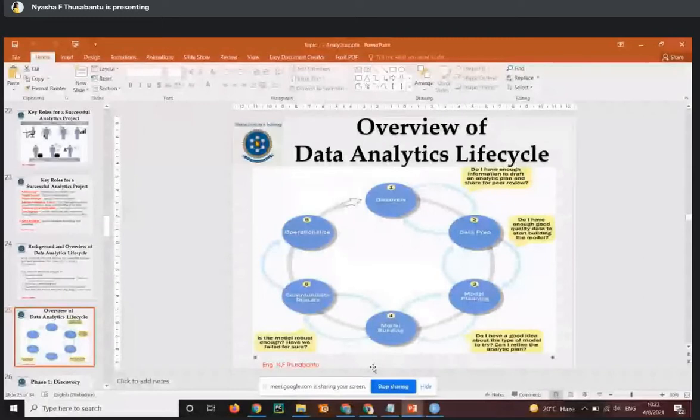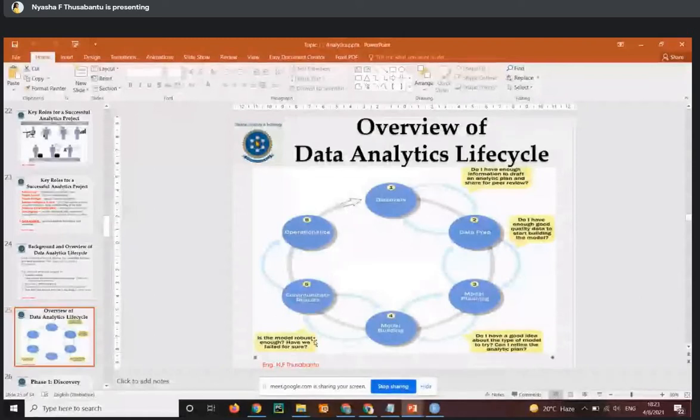Okay, so is this model correctly predicting? If you decided, per model planning, I'm going to do predictive analytics, is this model correctly predicting? If you said you're going to do prescriptive analytics, is this model correctly prescribing? If you said you're going to do diagnostic analytics, is this model correctly diagnosing?